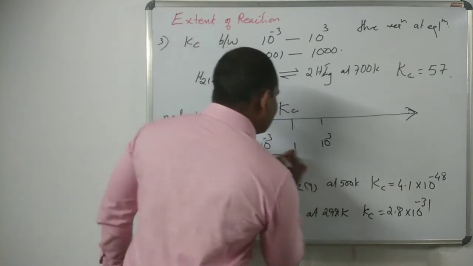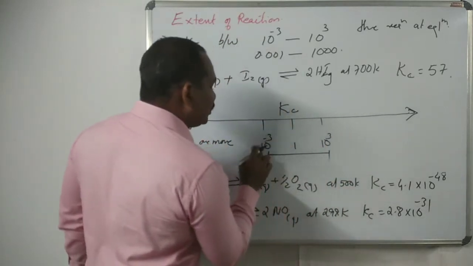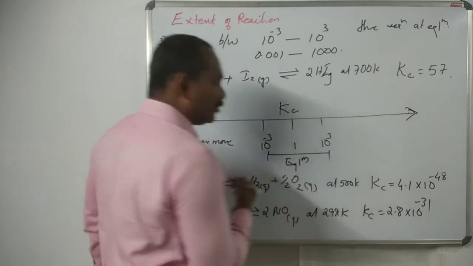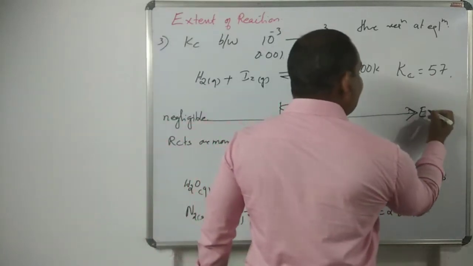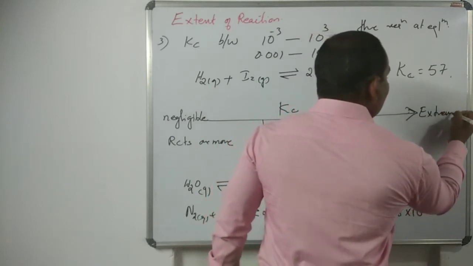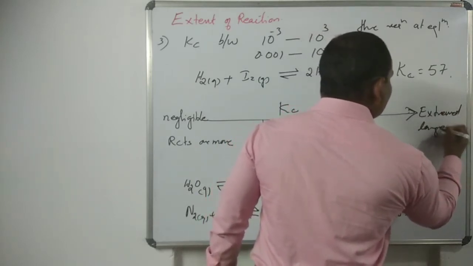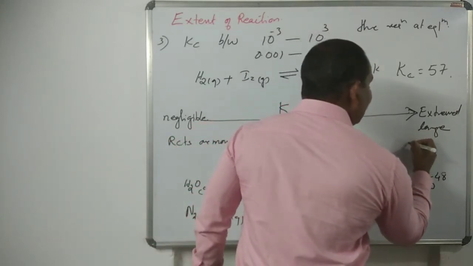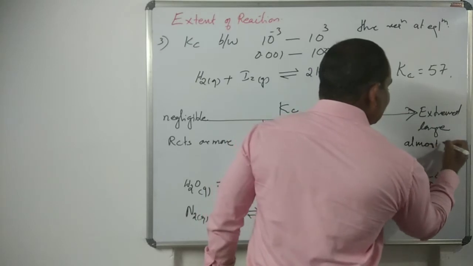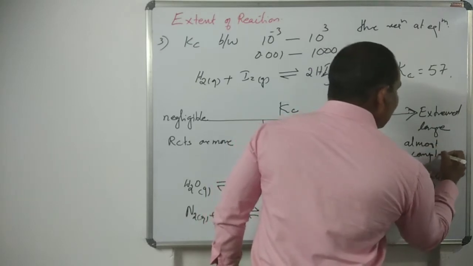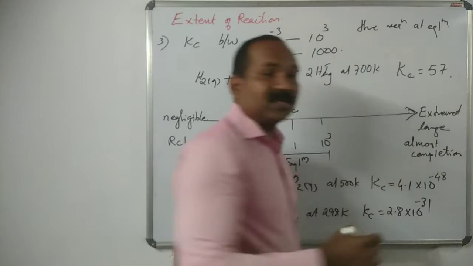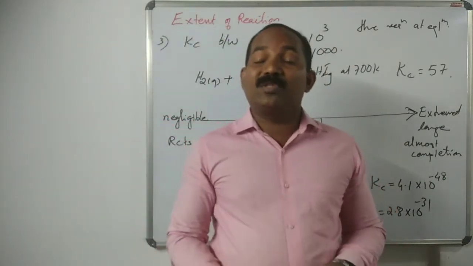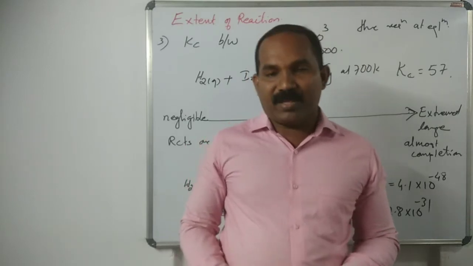For values in between 10 raised to minus 3 and 10 raised to 3, the reaction is at equilibrium. And this is an extremely large value. What does it mean? The reaction is almost in completion. Products are more than the reactants. So that's about predicting the extent of reaction.